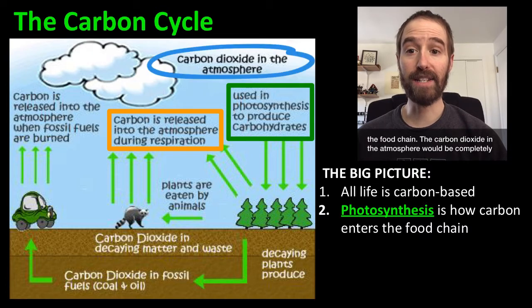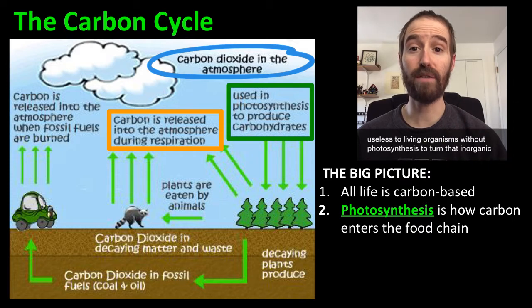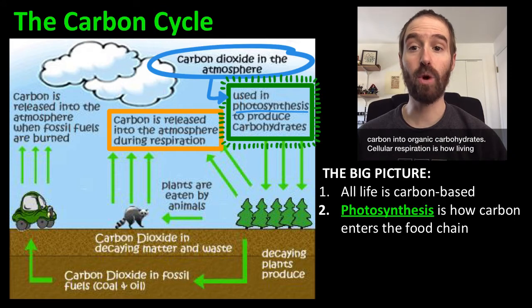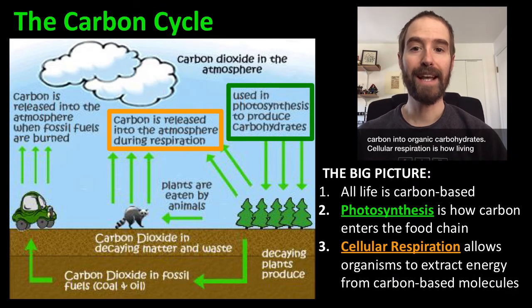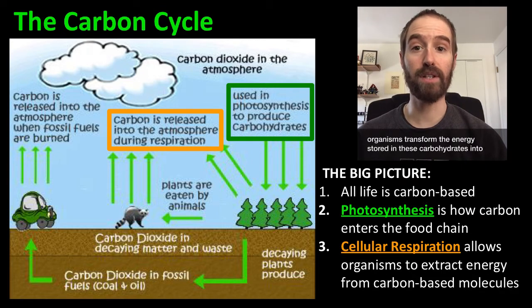The carbon dioxide in the atmosphere would be completely useless to living organisms without photosynthesis to turn that inorganic carbon into organic carbohydrates. Cellular respiration is how living organisms transform the energy stored in these carbohydrates into forms that can be used to power the machinery of the cell.